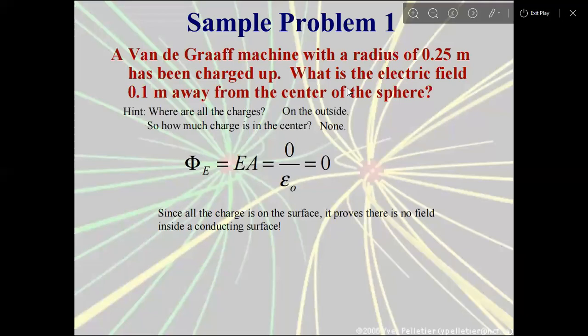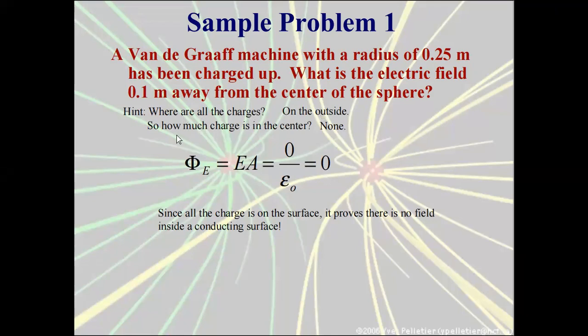Okay, now we can discuss a quiz type problem, a sample problem. A Van de Graaff machine with a radius of 0.25 meter has been charged up. So what is the total amount of charge within the radius 0.25 meter? What is the electric field 0.1 meter away from the center of the sphere? Here is a hint: where are all the charges?